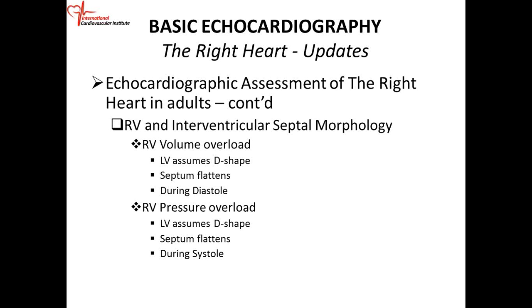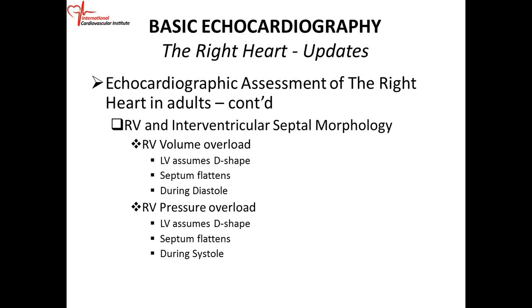For RV volume overload, if the right ventricle is volume overloaded, just looking at the RV, you can determine that. Because if there's volume overload in the RV, then the LV assumes what we call a D shape.